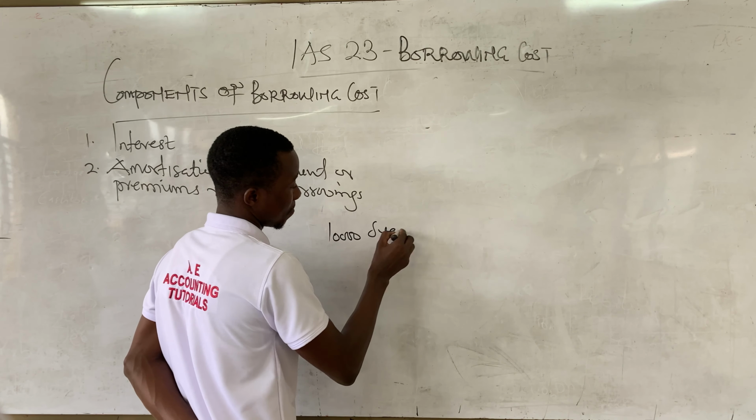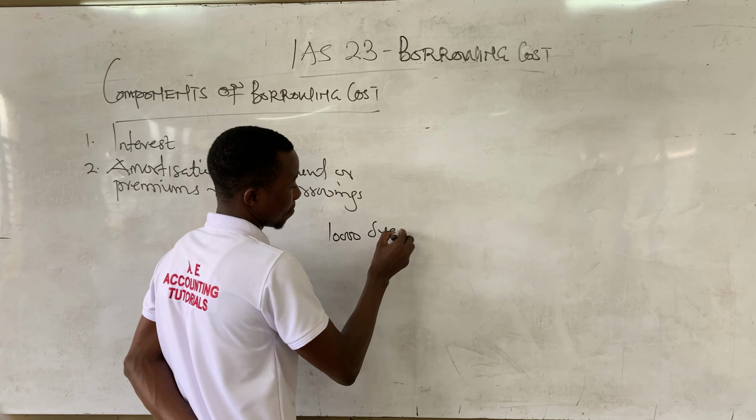This discount is also 1,000. But remember, this interest is per annum, and the discount is for the entire duration of the loan term. Is that okay? So if we are to account for borrowing cost for 1 year, this 2,000 will be part of borrowing cost as interest for the year.